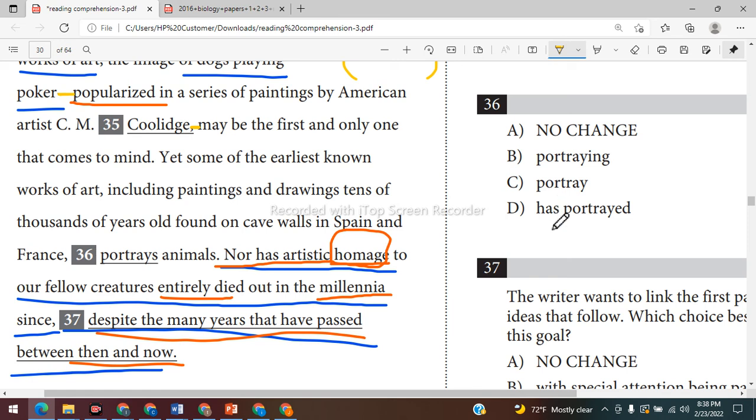I think it's the other. I think it's D, has portrayed? B, portraying?